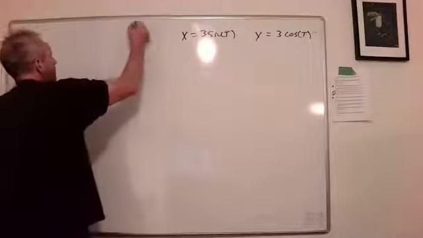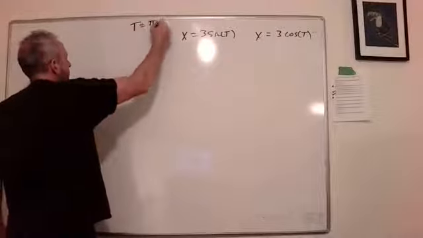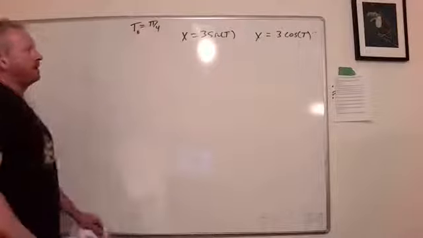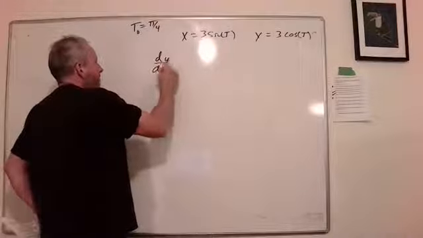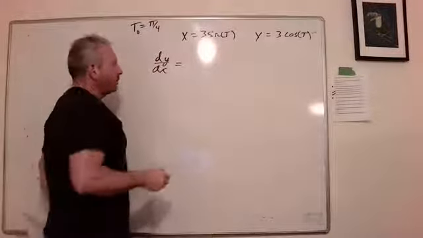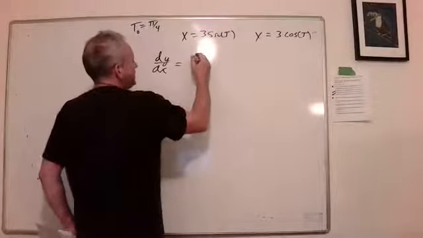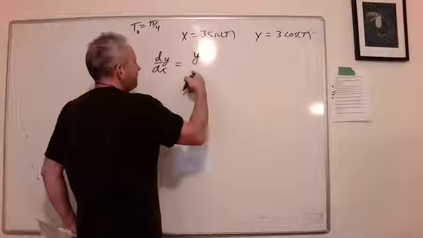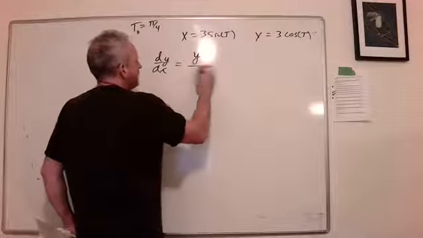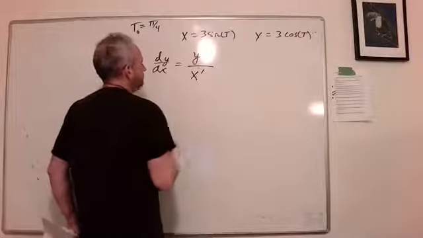So we're interested in this when t is pi over 4. Maybe I put a little sub-zero there like that. And so what we want to do is just find dy/dx. And according to the theorem in our book, this is y prime, the derivative of y with respect to t, divided by x prime.